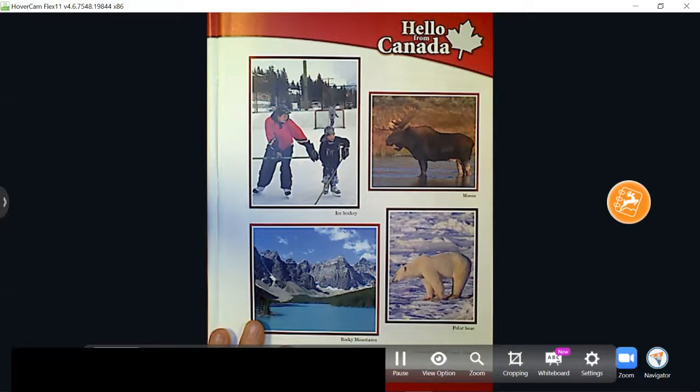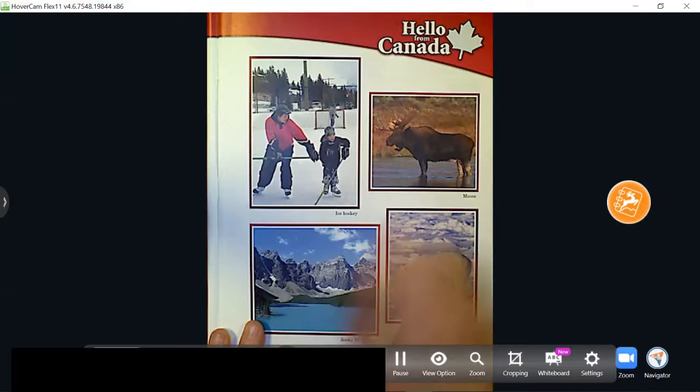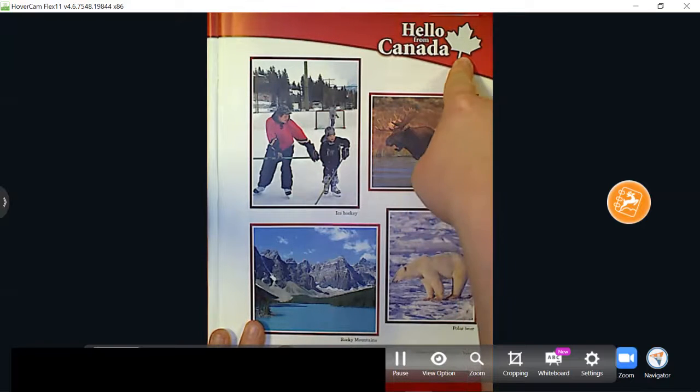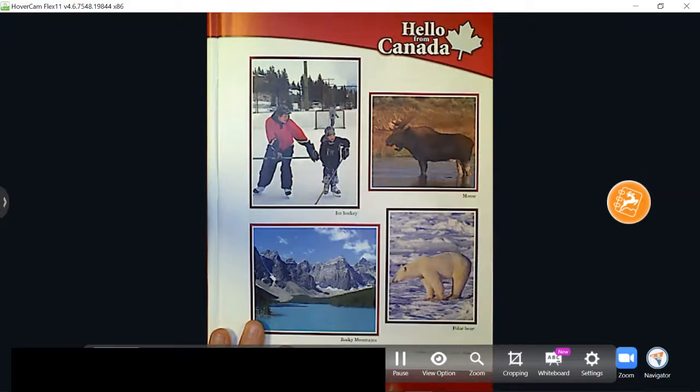The indigenous people there used to make maple syrup from the tree sap. I mean, they still do, but they were the first ones to do that. And so that's how we got maple syrup. And that's a maple leaf because they have so many maple trees in Canada.